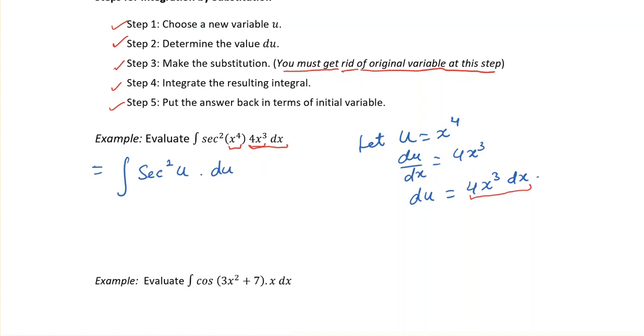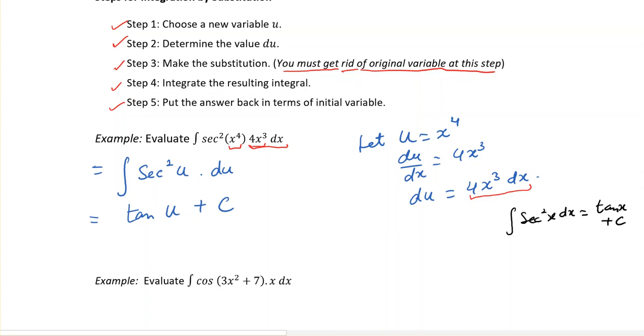And previously we learned that integral of secant square x dx is equal to tangent x plus c. So we can use that here, and we will get tangent u plus c. So that is our fourth step, because we did the integral already.